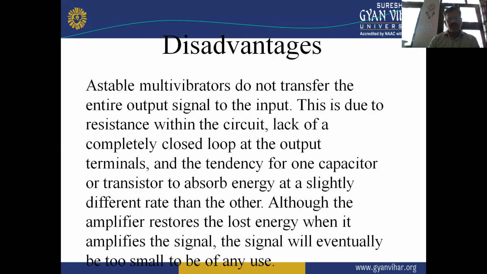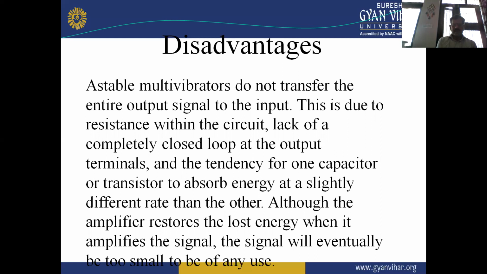And we also have some disadvantages of astable multivibrators. Astable multivibrators do not transfer the entire output signal to the input. This is due to resistance within the circuit, lack of a completely closed loop at the output terminals, and the tendency for one capacitor or transistor to absorb energy at a slightly different rate than the other.